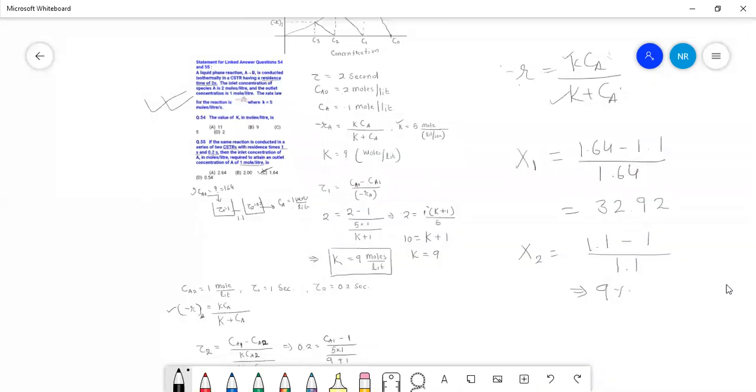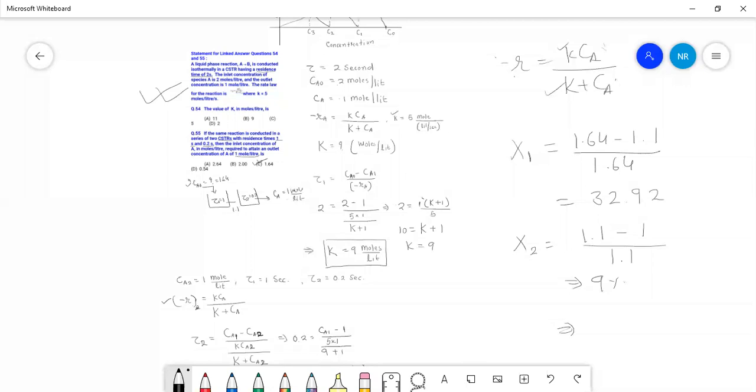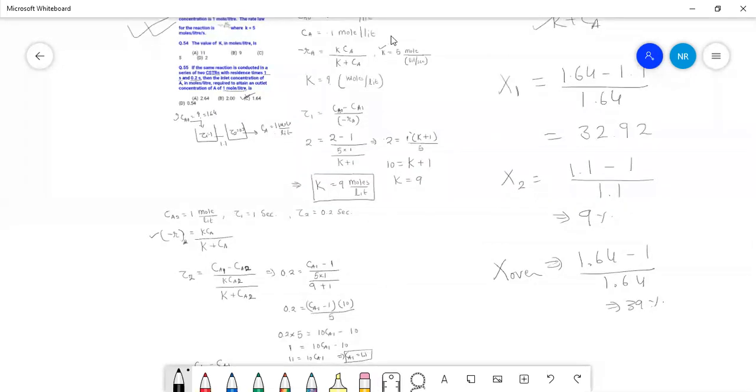And if I take the overall conversion, what will it be? 1.64 minus 1 divided by 1.64 is the overall conversion. It means 39% conversion after the end of the second reactor.